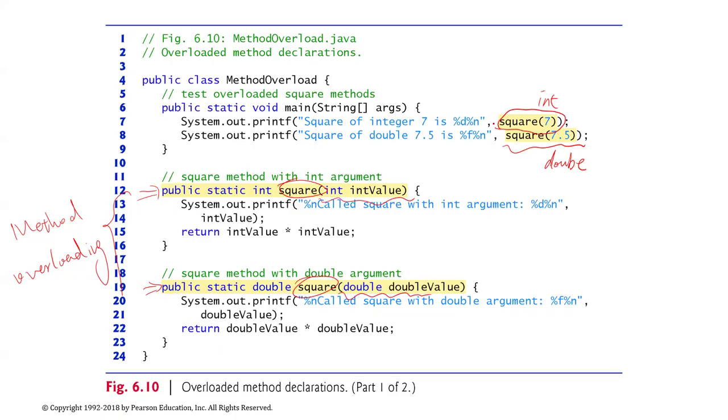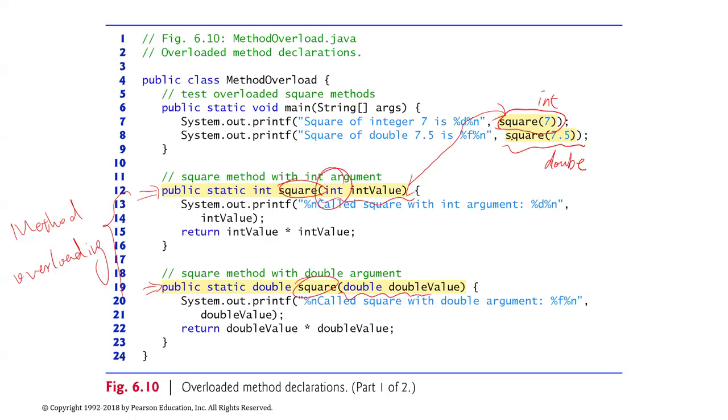Here, the compiler will decide, since square 7, we have an integer here. So the compiler will select the first one to compute the square for the 7, because here it is the int.